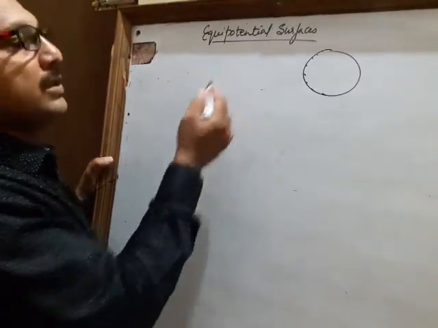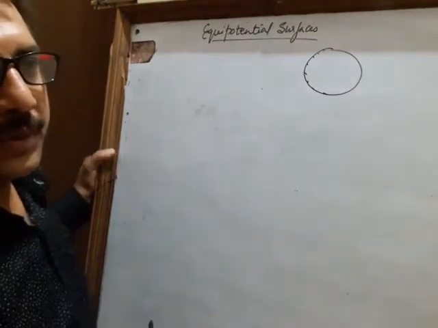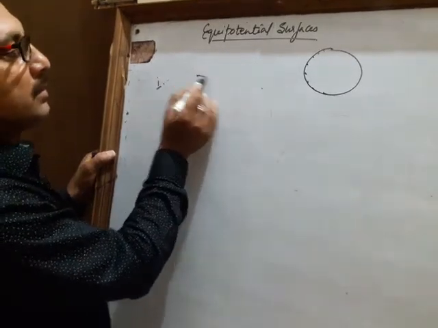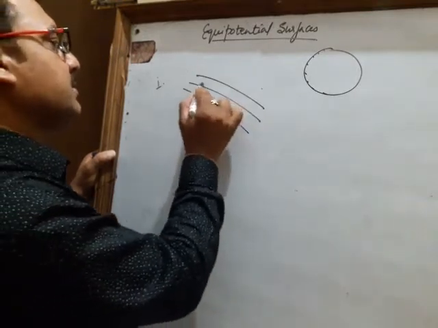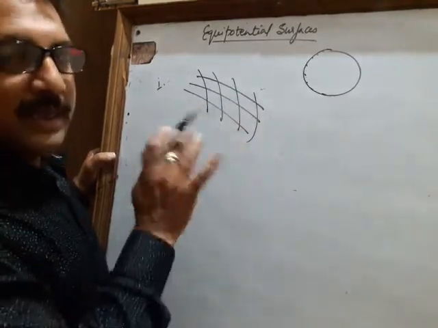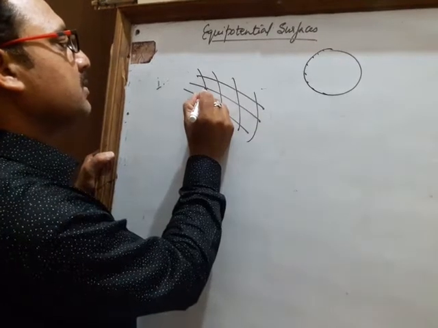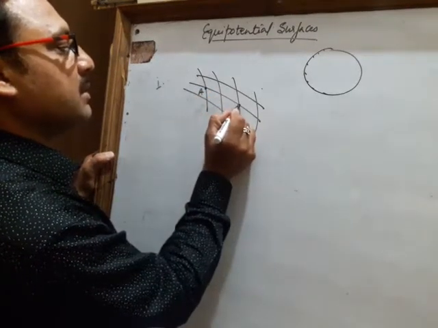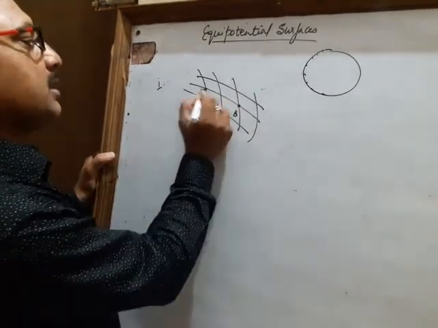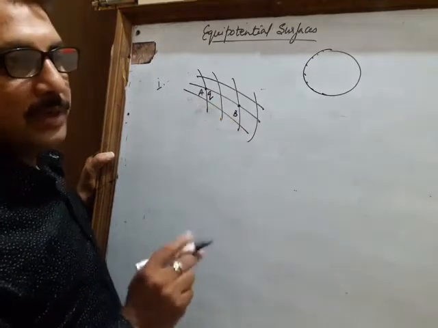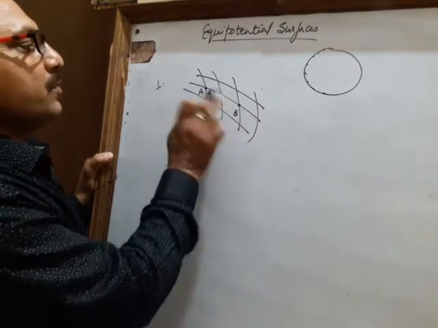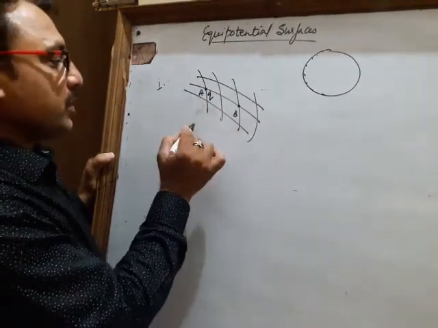So you need to know the properties of equipotential surfaces. Like first one, suppose this is an area of an equipotential surface. So this is one point A and this is another point B. So no work is done in taking a charge Q from one point to another on the equipotential surface, because the potential is same at every point, so there is no change in potential.